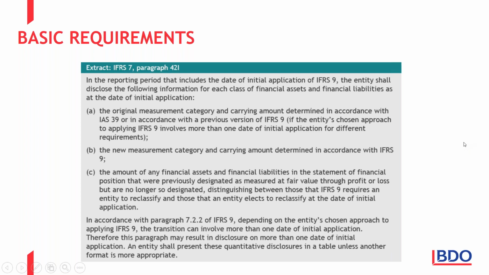And on the face, it looks a lot like the measurement categories haven't changed, and this is especially true for trade receivables. Trade receivables is a good example of an instrument that moves from one category, loans and receivables, to a new category, which is amortized cost. And on the face, it looks like not much has changed because both were really an amortized cost method.